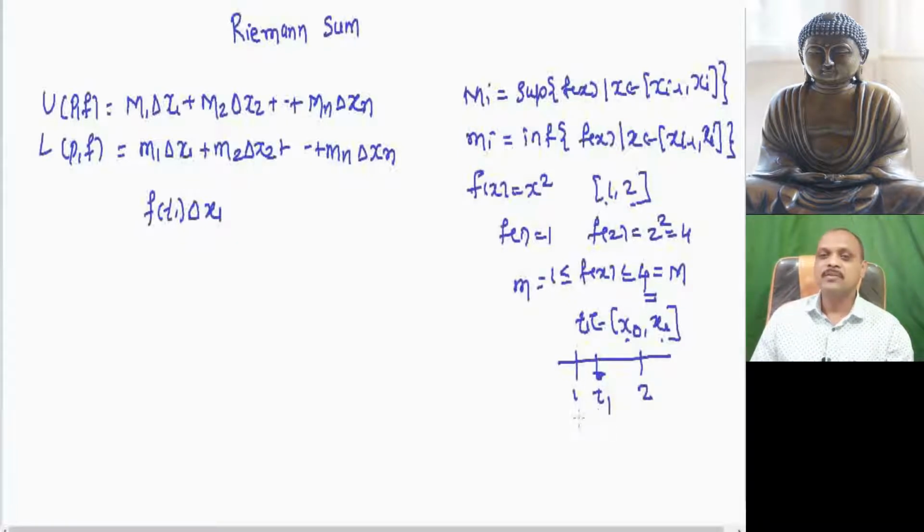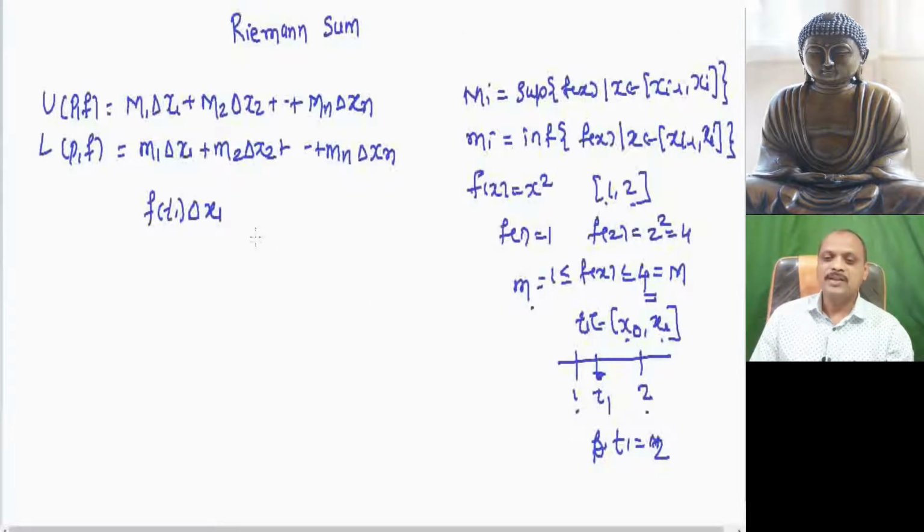We can take t1 so that we get capital M, and we can take t1 equal to 1, where we get the small m value. But here the capital M and small m are the supremum and infimum of the function values, whereas in this case we have chosen points between 1 and 2.